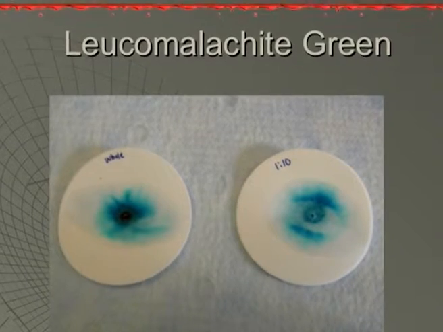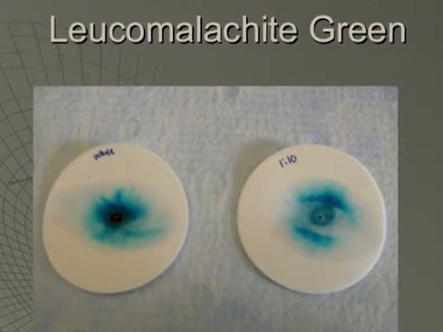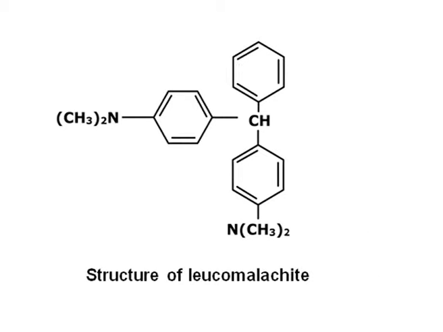The third type of reagent is leucomalachite green. An acidic solution of leucomalachite green reagent, the structure of which has been displayed on your screen, is quite effective in developing blood fingerprints or blood finger marks. How is this solution prepared?